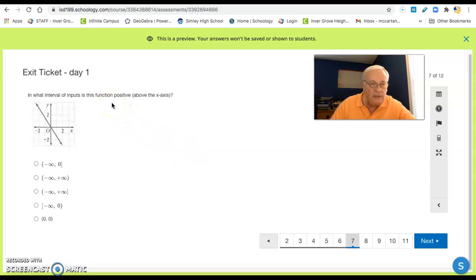All right, what inputs of this function are positive? What part of x is this line above the x-axis? It's this part right here. This part is above the x-axis. This part is below, not this part. This means that the interval is positive in here.